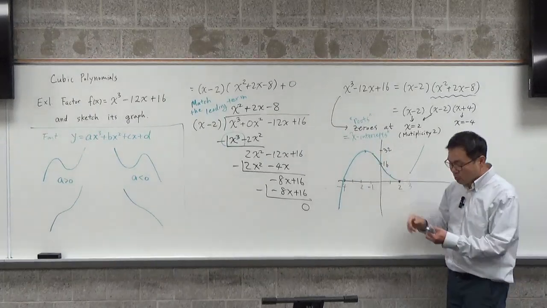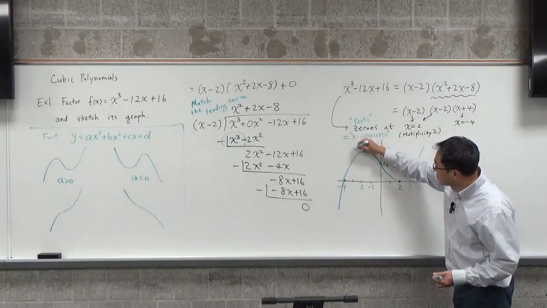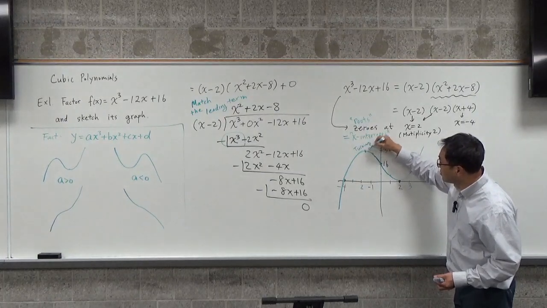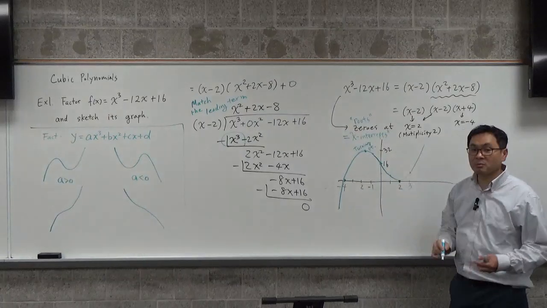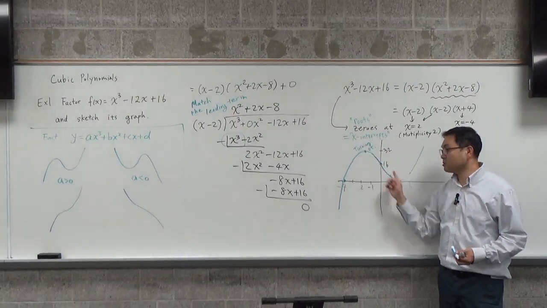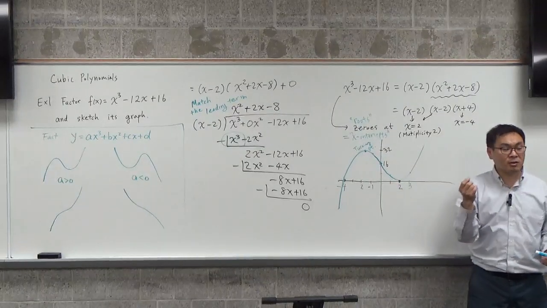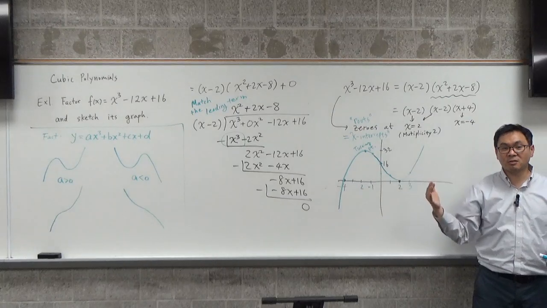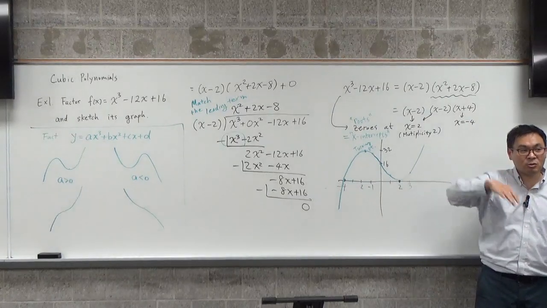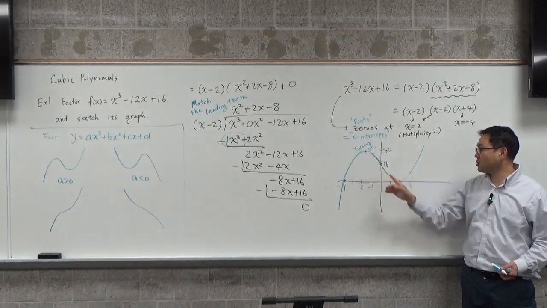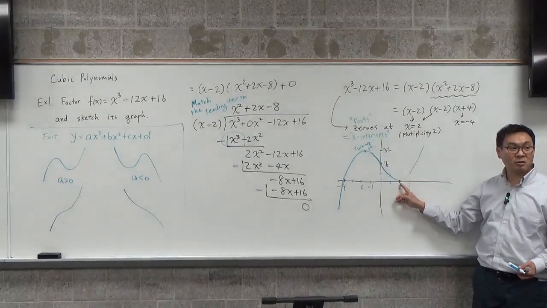So this point is called a turning point. It's called a turning point because before this point it's increasing, after this point it's decreasing, right? So if at a point before and after it increases and decreases, or decreases then increases, those are called turning points. So there's a turning point here and there's another turning point here, okay?